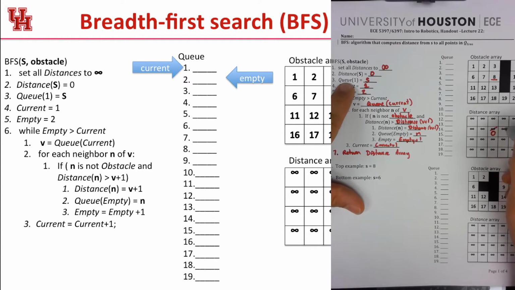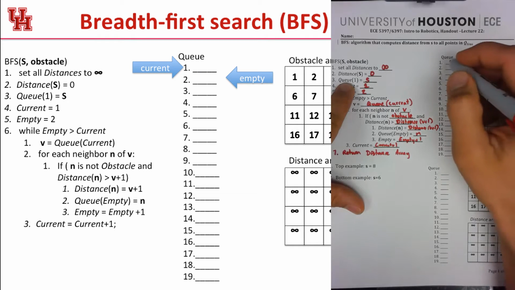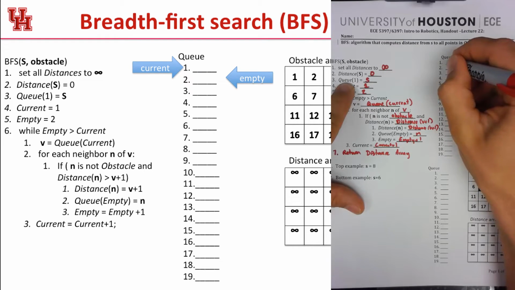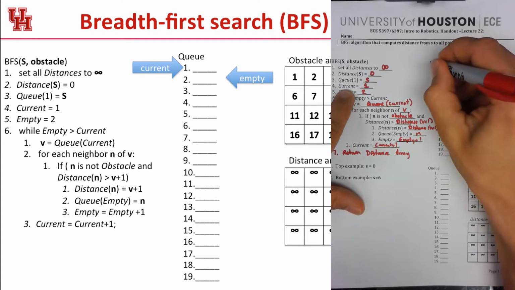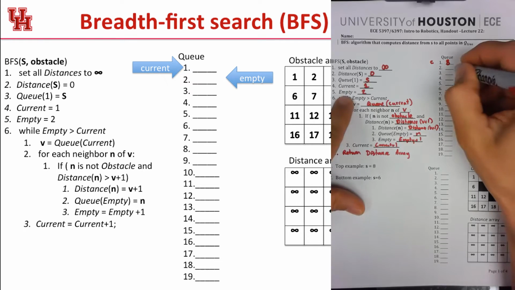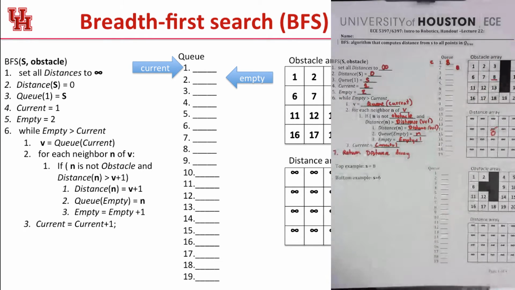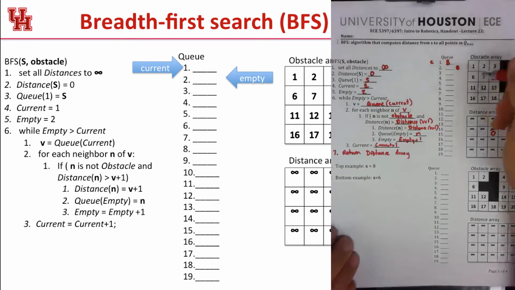My first part in my queue is going to be my starting point, which is 8. And then I'll put a C here for my current, and my empty is going to be at 2, and I'll put an E here. I'm going to switch out for a pen, because it'll be a little bit easier to see.